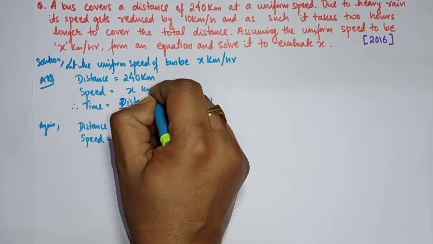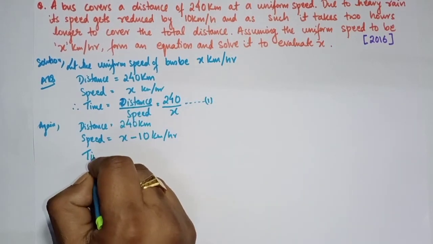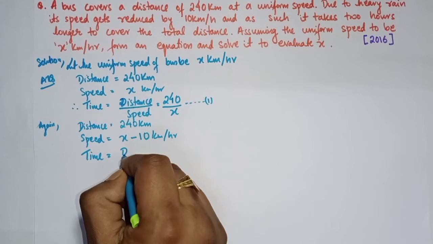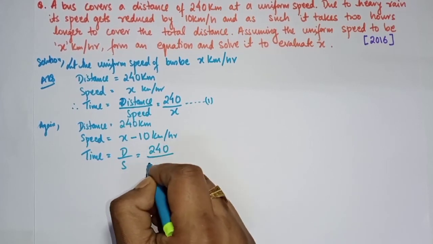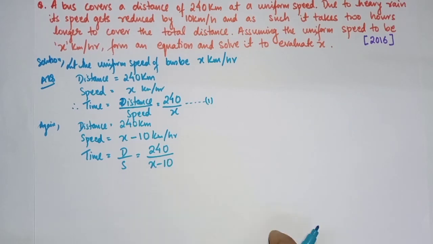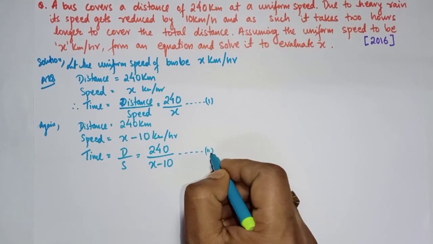This is also kilometer per hour. So what can I get now? Time equals distance over speed. The distance is 240, and the speed is x minus 10. So this will be my equation 2.